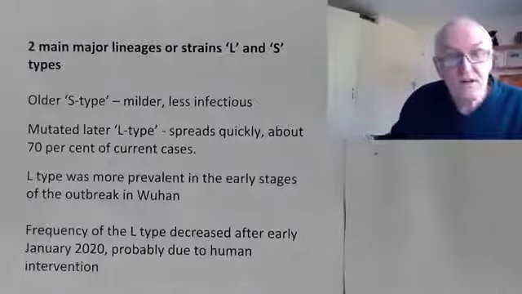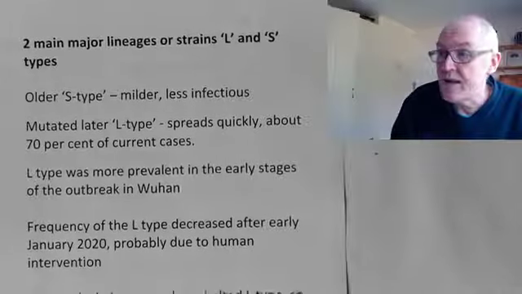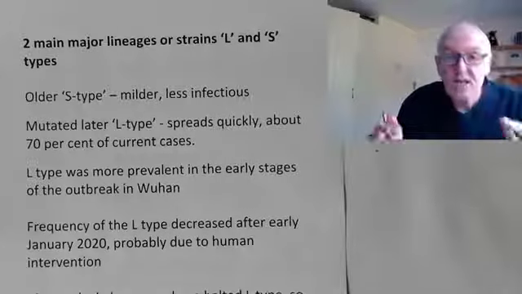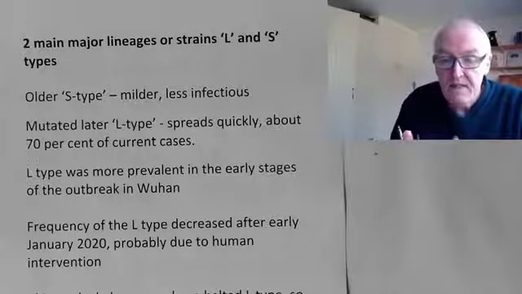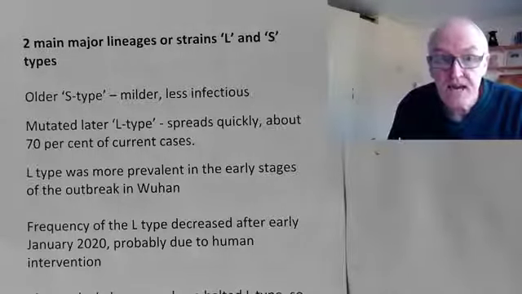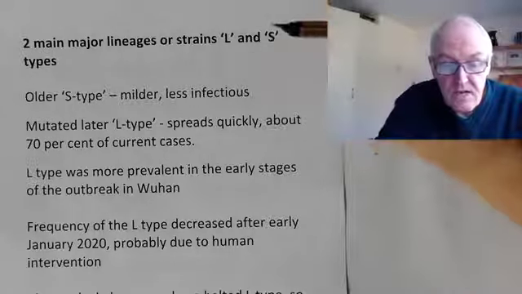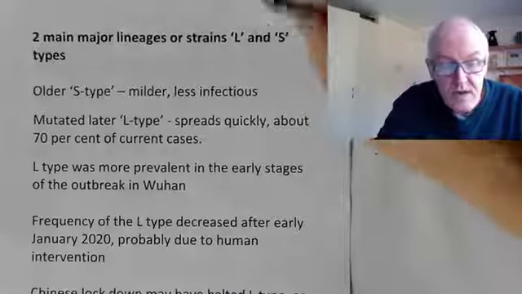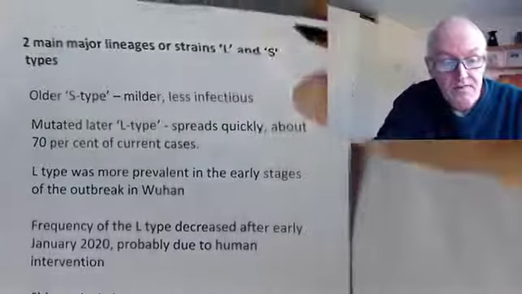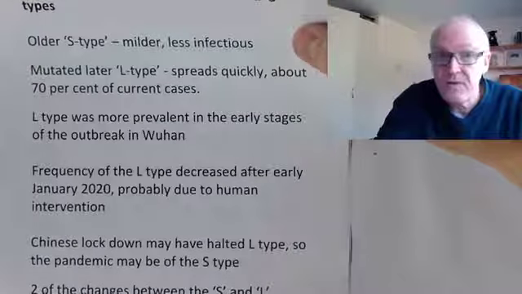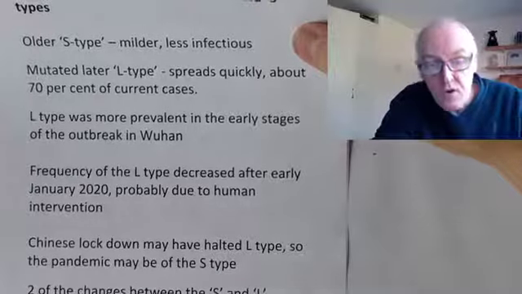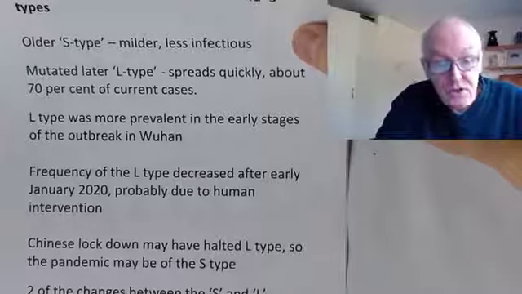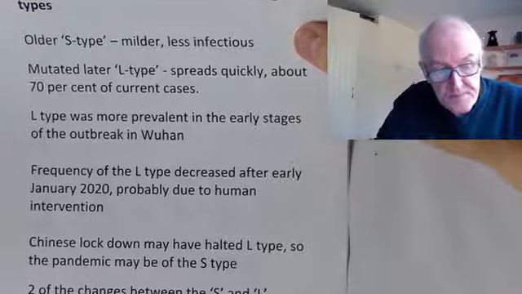Well, that's probably because of the lockdown control in China. The Chinese closed down cities, they closed down the spread, they isolated people, and that seems to have reduced the multiplication of the L type. So it looks like the Chinese have done us all quite a big favour by severely restricting the spread of the more virulent, more transmissible L type with very good quality shutdown and social isolation procedures.